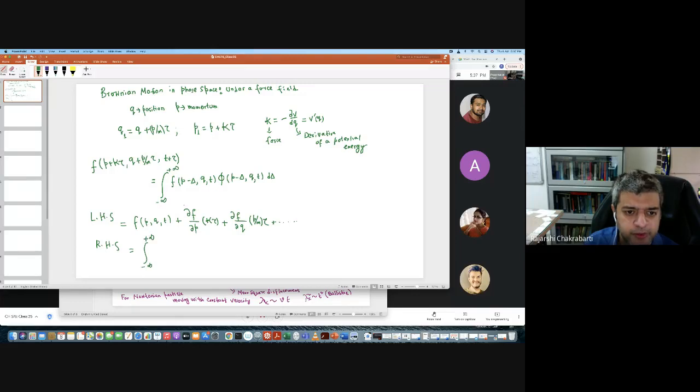We do the Taylor expansion, which gives f of p, q, t minus delta del f del p plus delta square by 2 del 2 f del p square, and so on. Then this one you can also expand; I will take only the first term. Sorry, this is not a function of time, it is a function of delta.